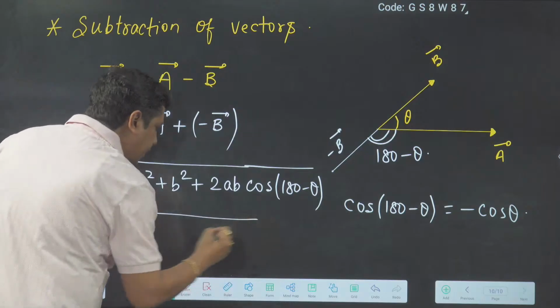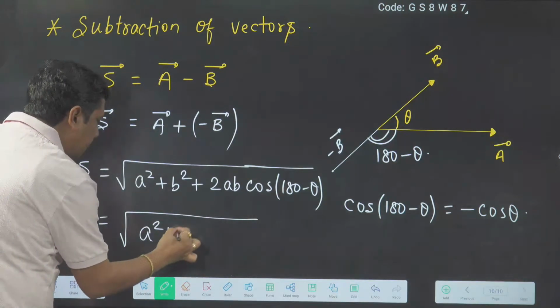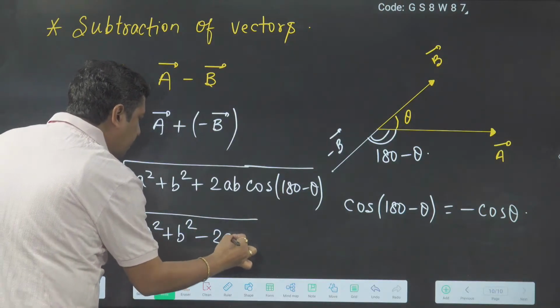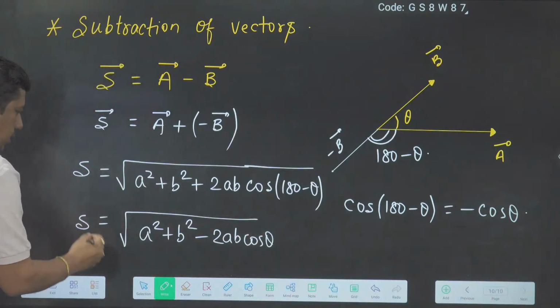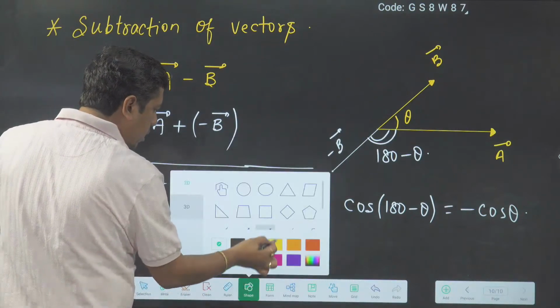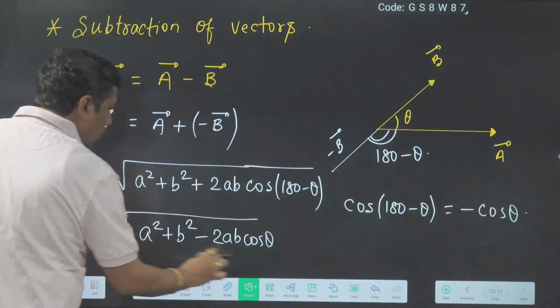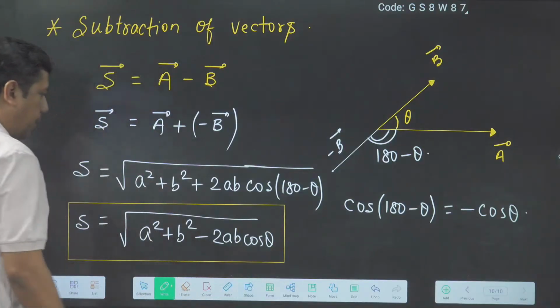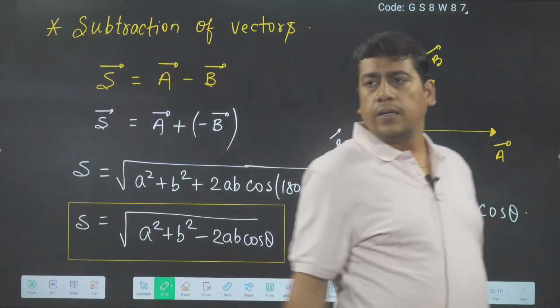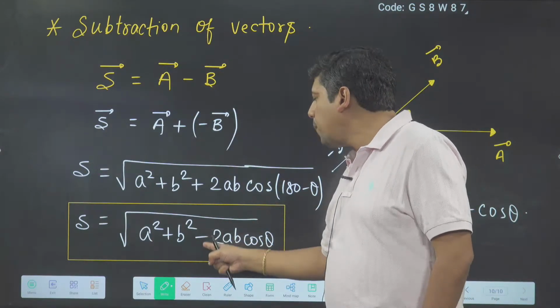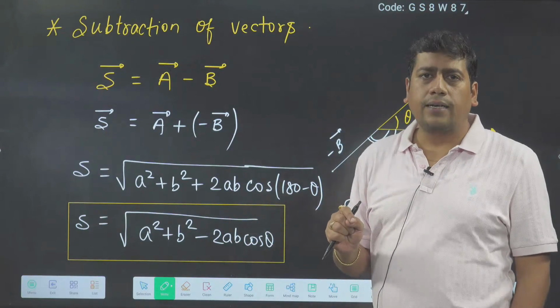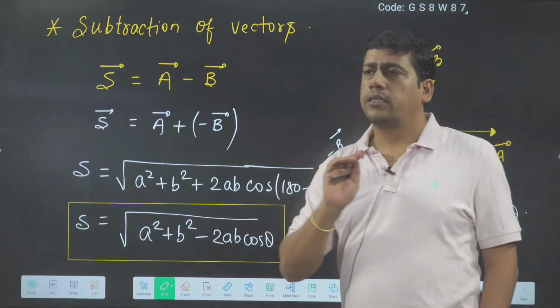And as I said, cos 180 minus theta is minus cos theta. There you go, this is the value for subtraction. In addition, you put a plus here, and if you are subtracting, you put a minus here. It's so simple.